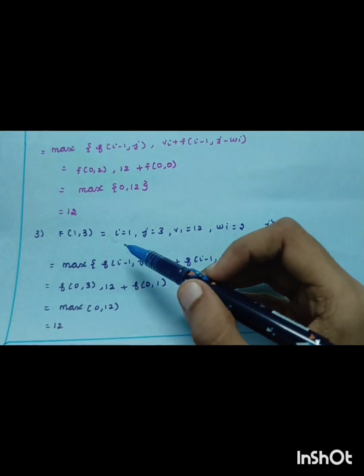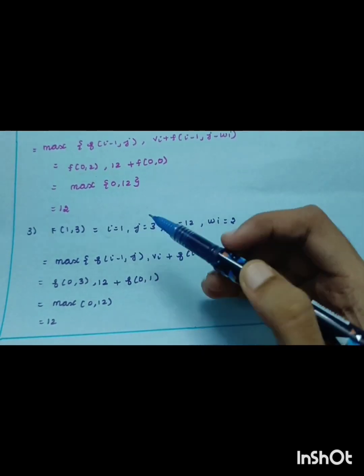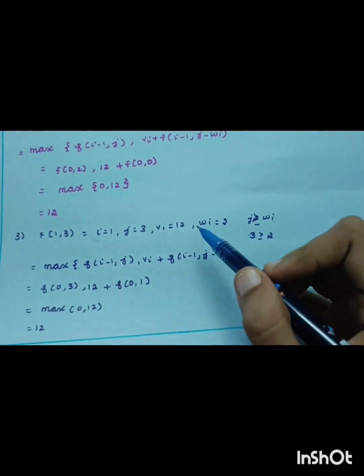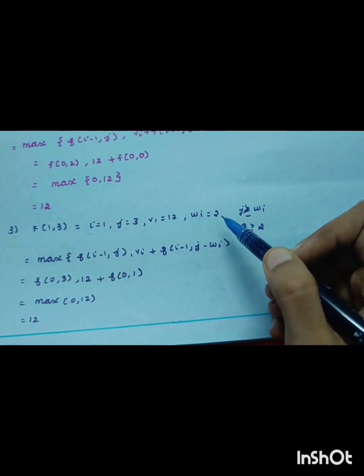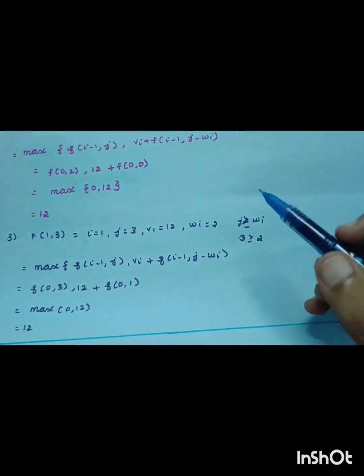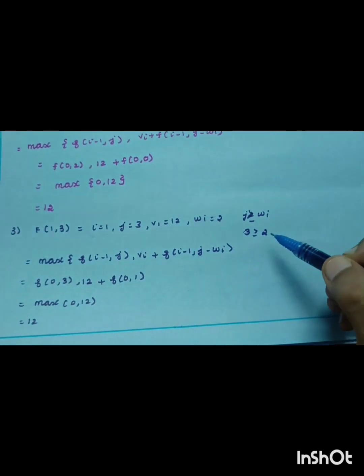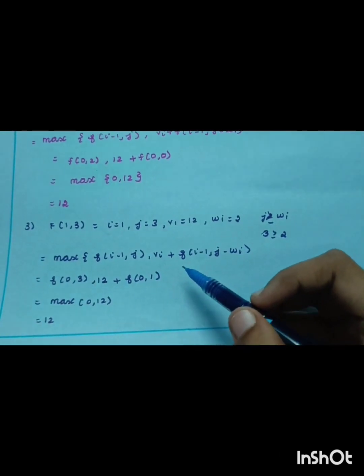For 1, 3: f of 1, 3, i equal to 1, j equal to 3, v1 equal to 12, w1 equal to 2. Now we have to compare the j and w1 value. j is 3 and w1 is 2. 3 is greater than or equal to 2, so we have to use the second formula.